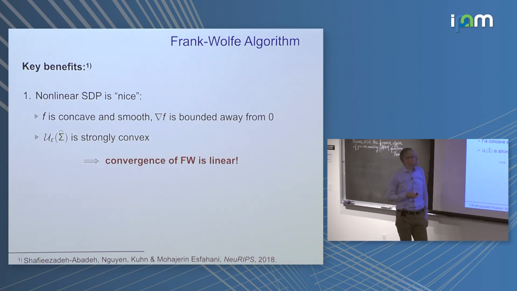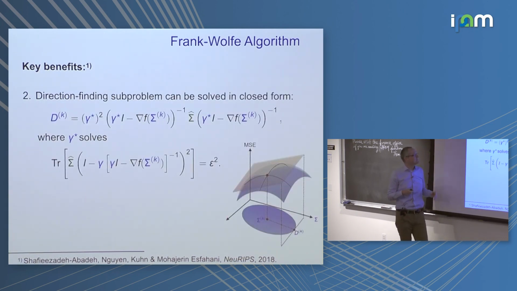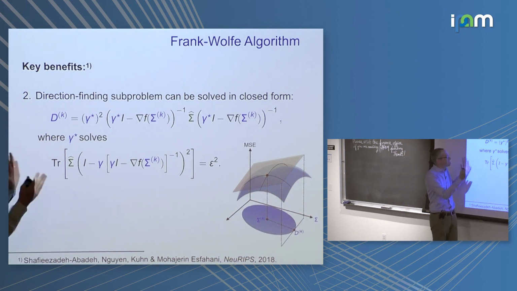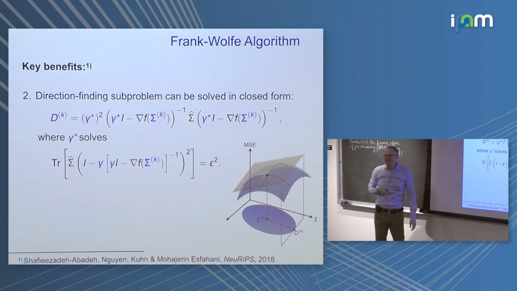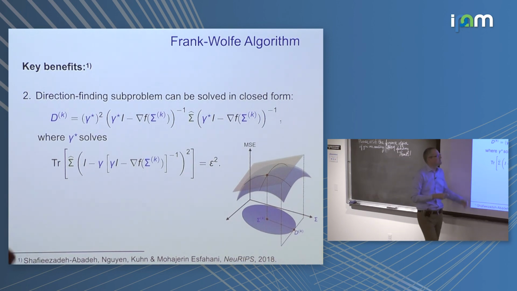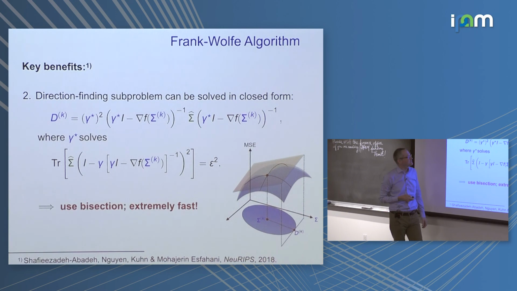And the second one is that in each iteration, we need to find a direction, and we solve a linearized version of the problem. And actually, this oracle subproblem has a closed form solution, which only requires some numerical solution of some algebraic univariate equation. So that means the complexity of one iteration is also very cheap. So this can be solved very quickly.